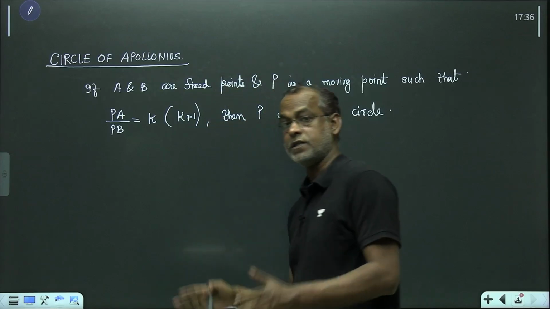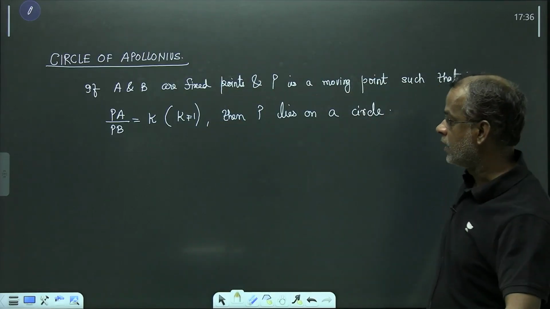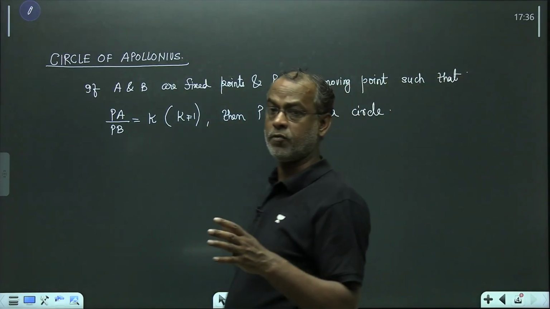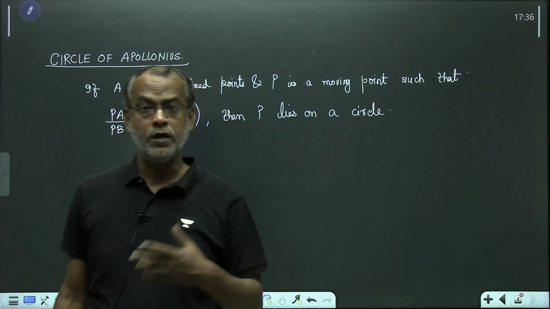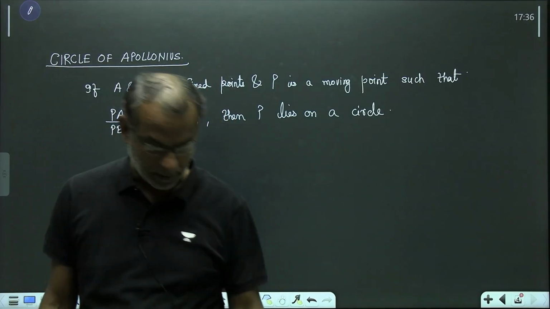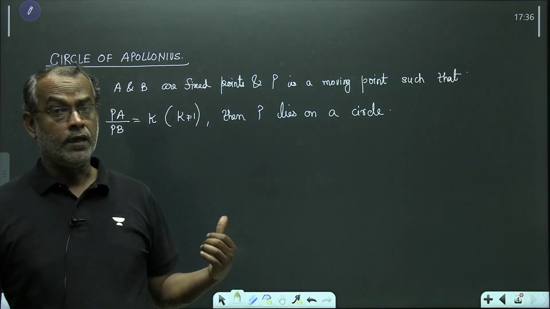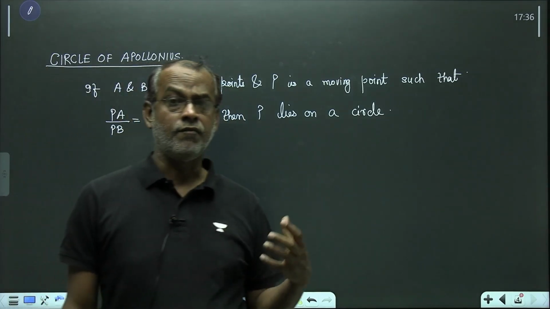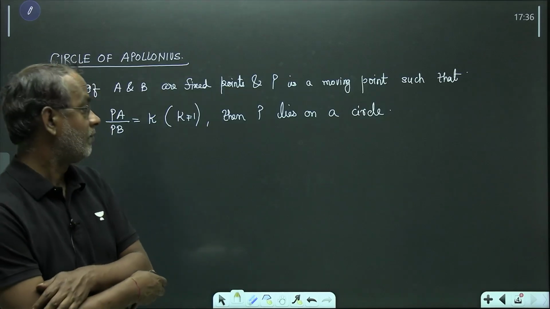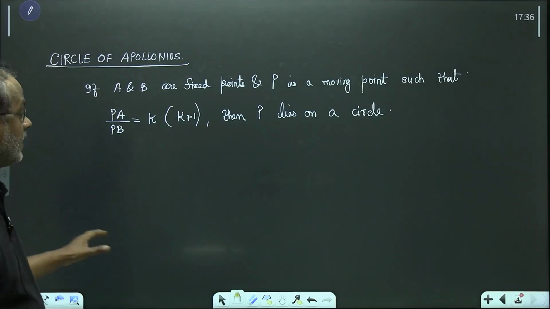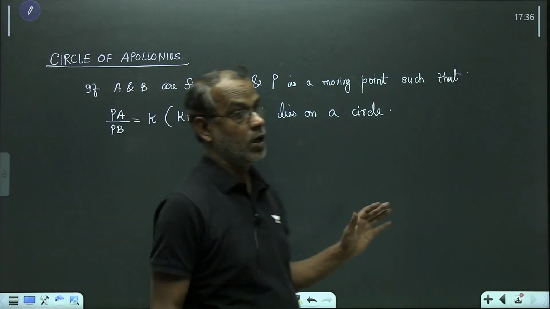This circle is called the circle of Apollonius. Again, a very fantastic geometric problem. There would be other algebraic ways once you go through coordinate geometry to deal with them. But in geometry, it is done fantastically by the angle bisector theorem and stuff like that. We will find what the radius is, what the center is.